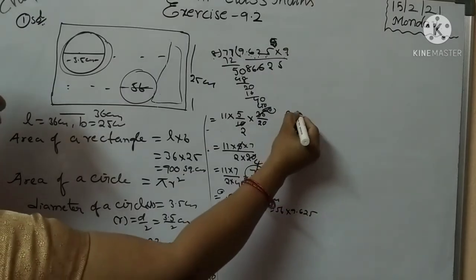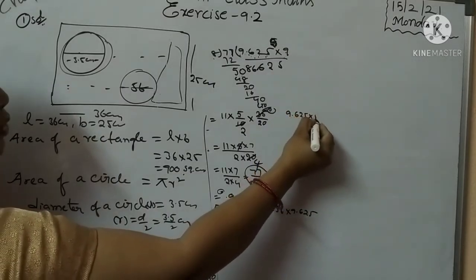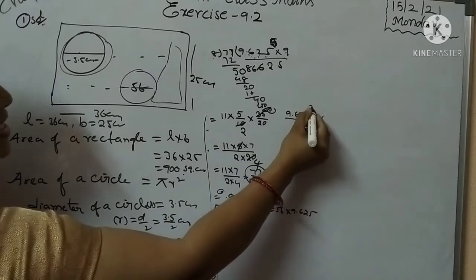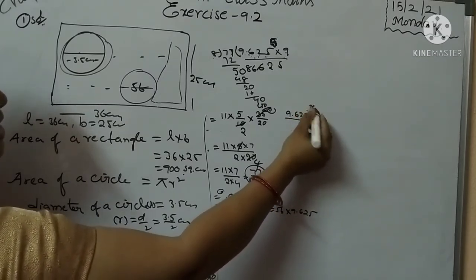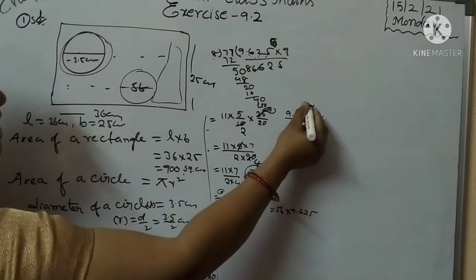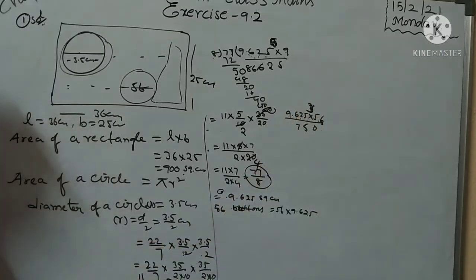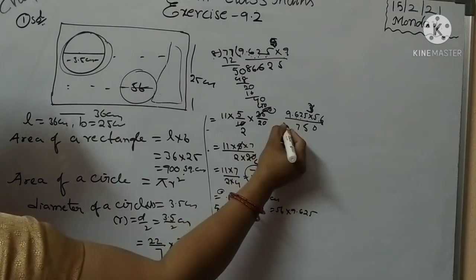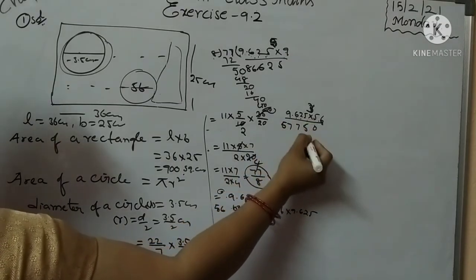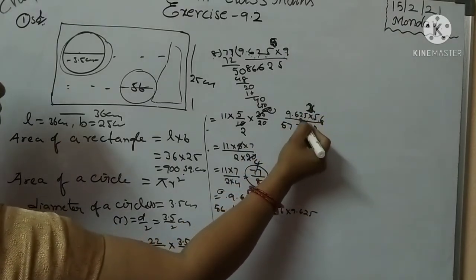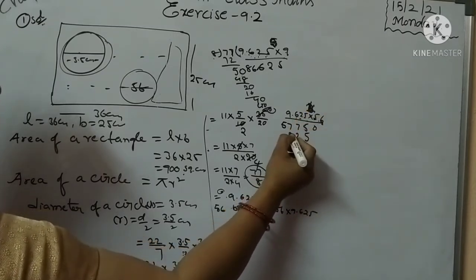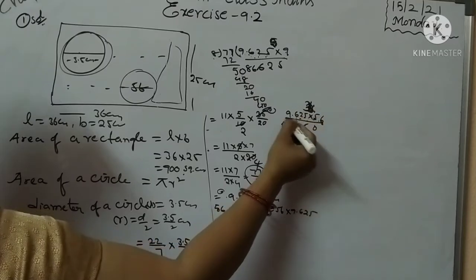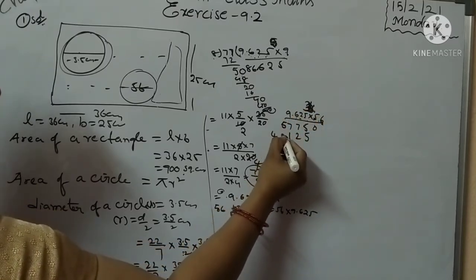So here 9.625 into 56. 6 5s are 30. 6 2s are 12 plus 3 is 15. 6 6s are 36 plus 1 is 37. 9 6s are 54 plus 3 is 57. Again 5 5s are 25. 5 2s are 10 plus 2 is 12. 5 6s are 30 plus 1 is 31, and 5 9s are 45 plus 3 is 48.